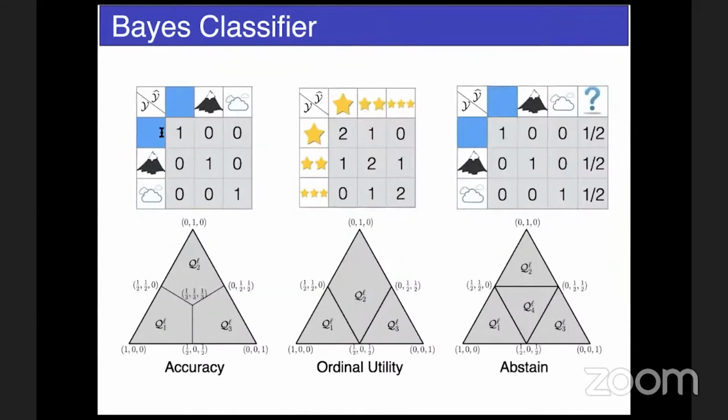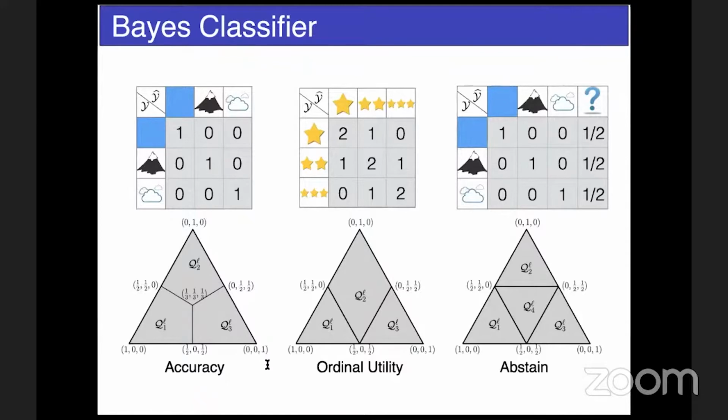For example, here is an illustration of the Bayes classifier for 3 different utility matrices. So this is the standard accuracy utility matrix. For that, the Bayes classifier simply partitions the probability space into 3 symmetric parts. So what is this triangle here? The triangle indicates the probability space. So 100 indicates sky, 001 indicates mountain, 010 indicates cloud.